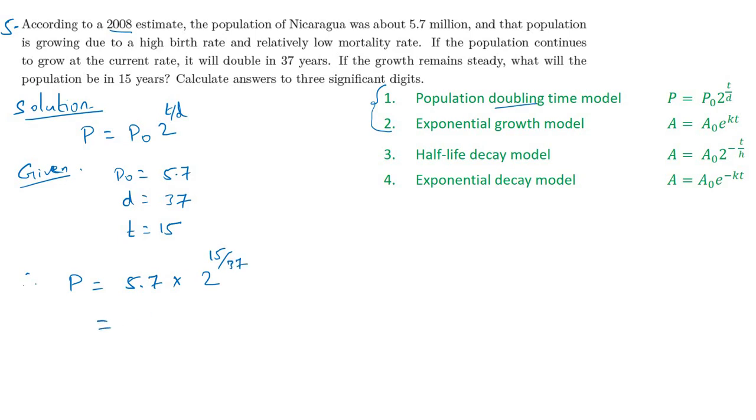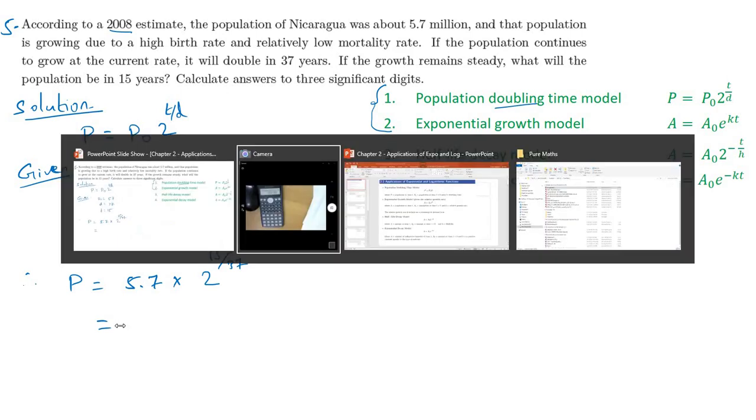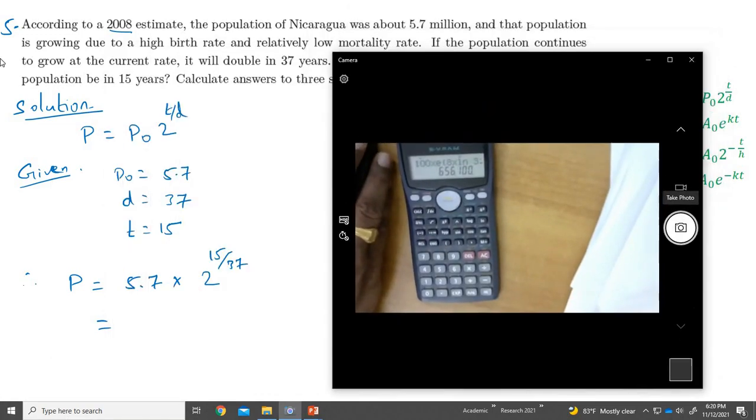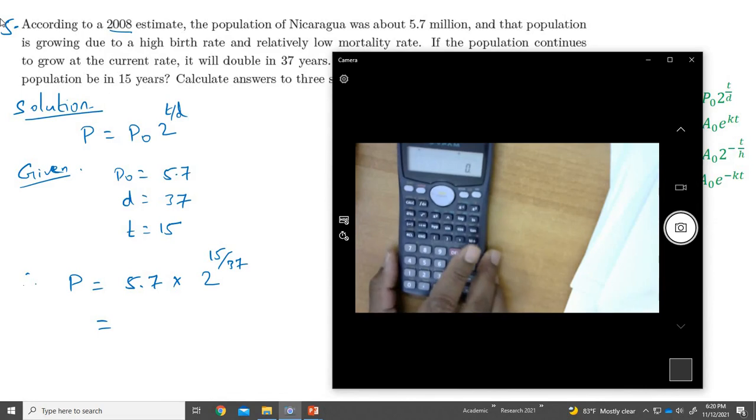Take your calculator, calculate this one. Please note that I am going to write the answer now, but you can pause, calculate one more time, then continue and see the answer. Now I will do this one. See here, 5.7 multiplication 2 cap, that means 2 power bracket 15 divided by 37 close bracket. What is the answer?